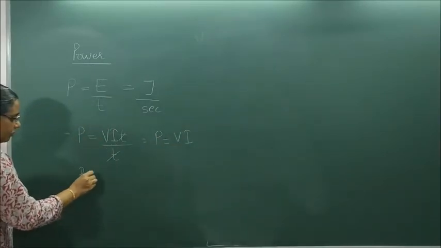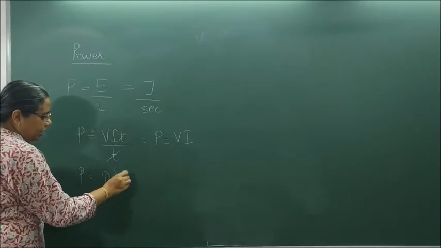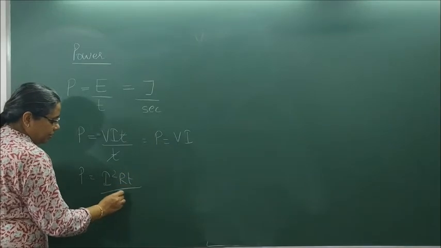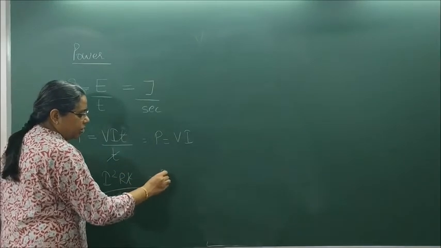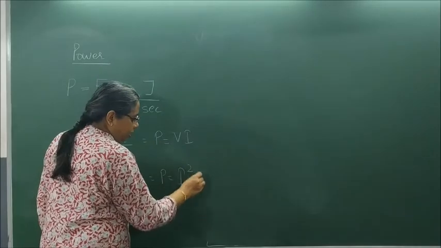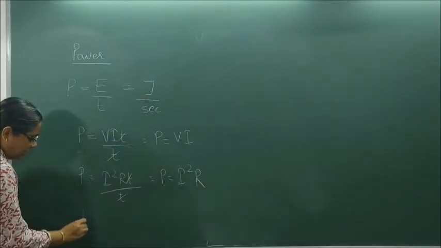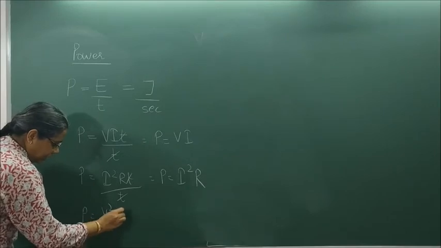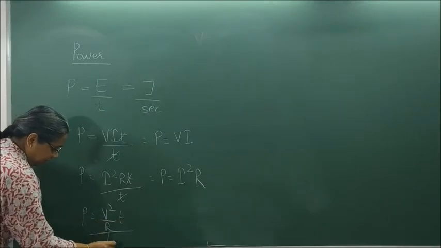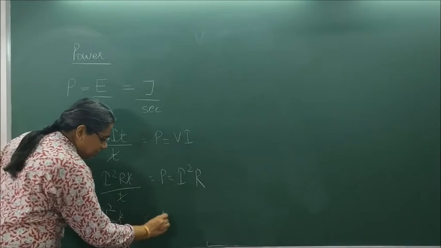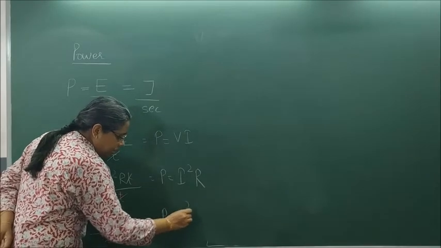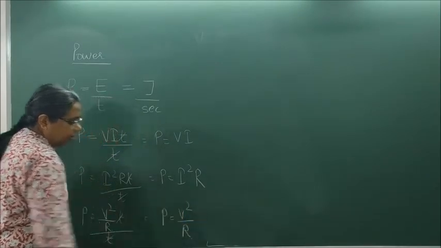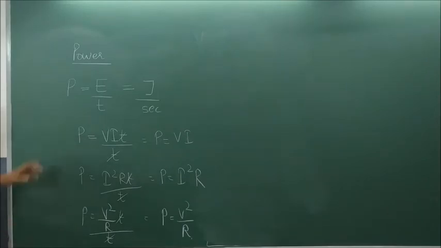P is equal to I square RT by T, so P is equal to I square R. P is equal to V square by R into T by T. This T and T get cancelled. So P is equal to V square by R.